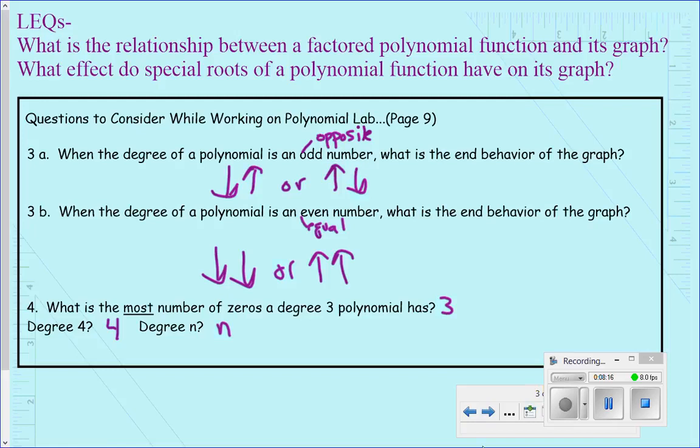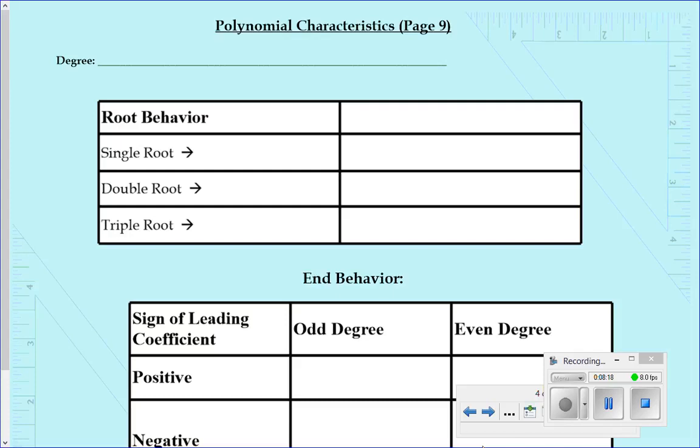Okay, so the next thing we looked at was the characteristics on page 9. So basically, I just kind of said that a moment ago. If I have a single root, an example of that would be something like x minus 5. Well, that's to the first power. So that means that's a single root, which means it's going to go through at (5, 0). On the other hand, if I change that to a double root, that means the x minus 5 quantity is going to be squared.